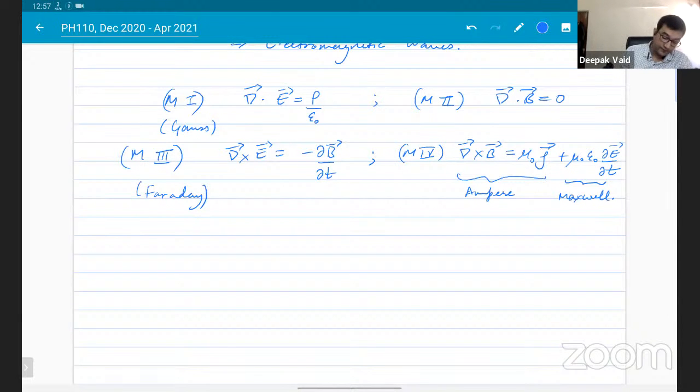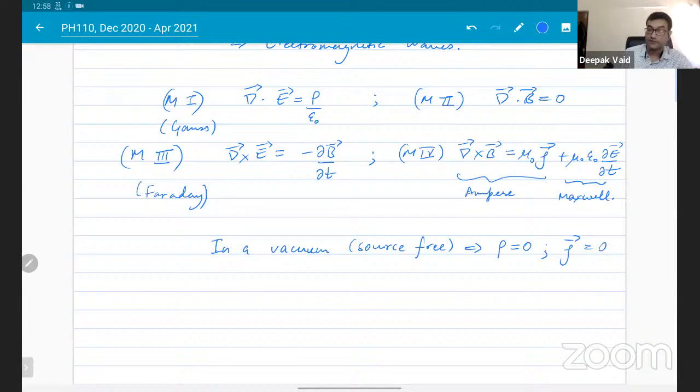Okay. So now we look in a vacuum. In a vacuum means there are no sources. What happens in a source-free region? The charge density is 0 and the current density is 0. So what happens to Maxwell's equations?